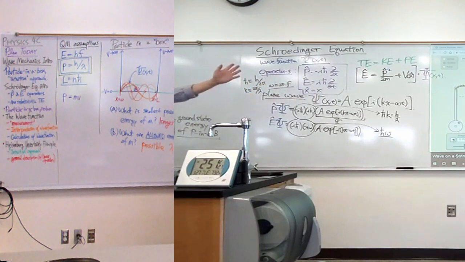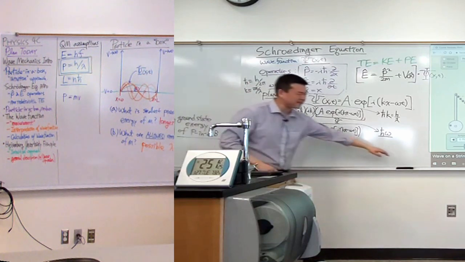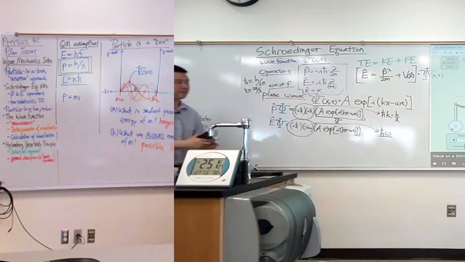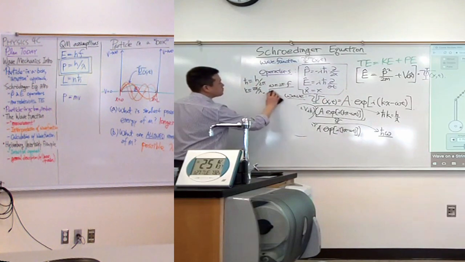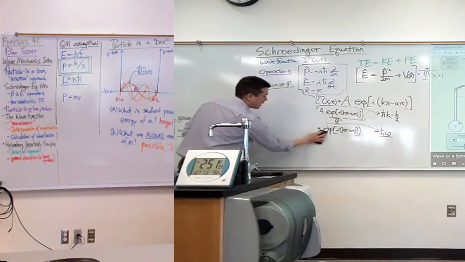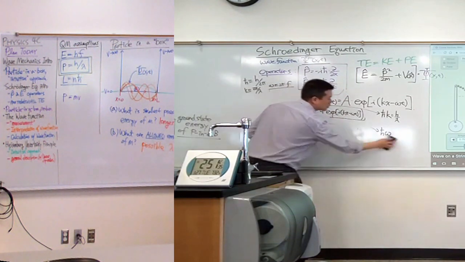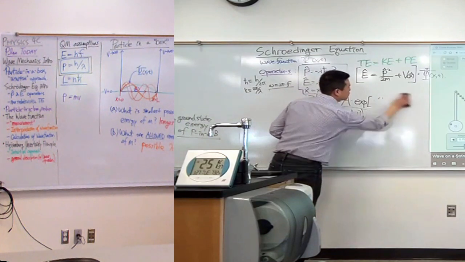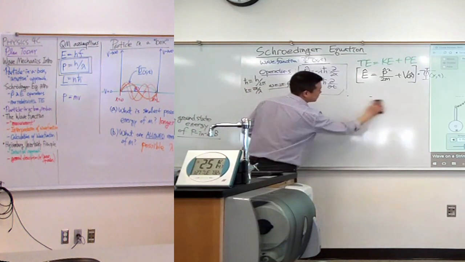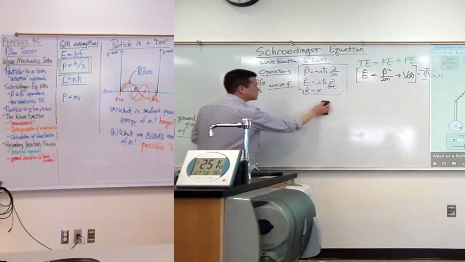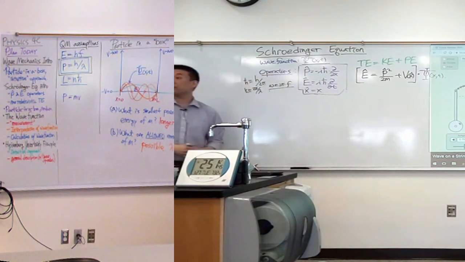So that's the Schrödinger equation. Let me write it out so that you actually have an expression of the Schrödinger equation. This is what your textbook would call the time-dependent Schrödinger equation. And depending on the textbook, some books actually start out with the time-independent Schrödinger equation. But I'm doing it the way I do because when you see the time-independent Schrödinger equation, it looks like something that's super hard to memorize.